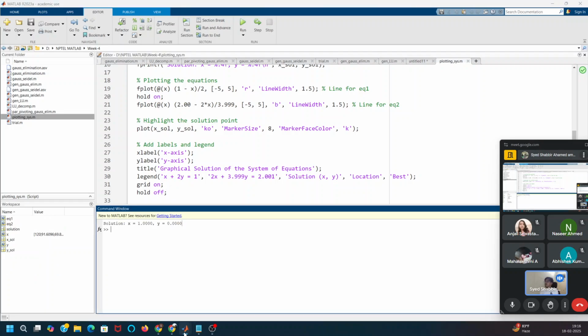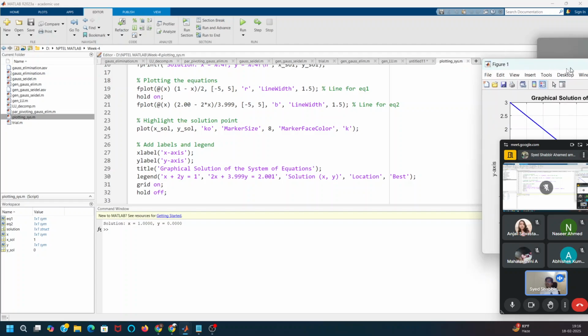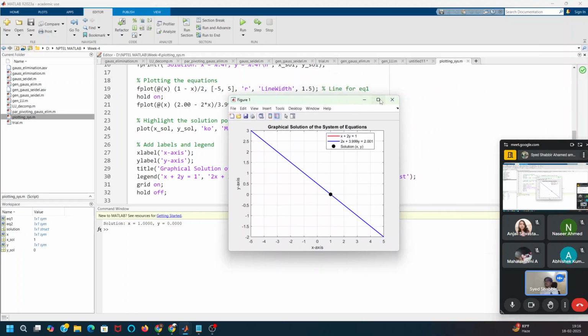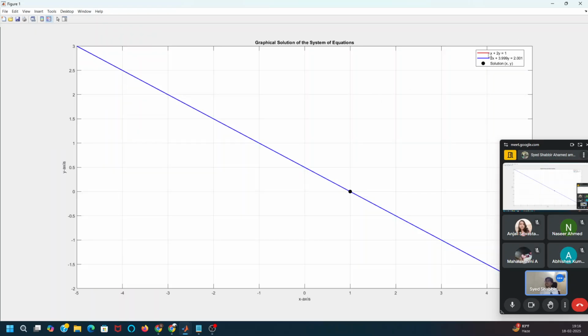So I'm getting solution 10, and you can see that this is my plot. So basically, this blue line, and I also have this red line for the system x plus 2y equals 1. But these are almost coinciding lines.